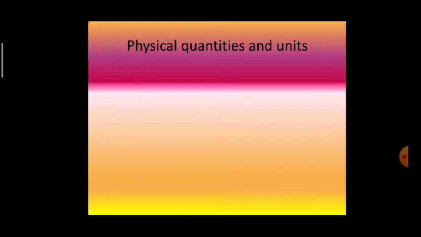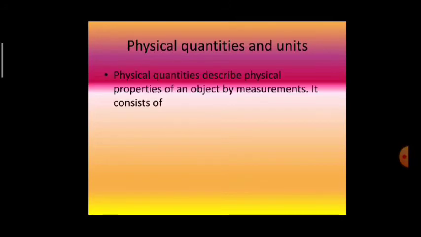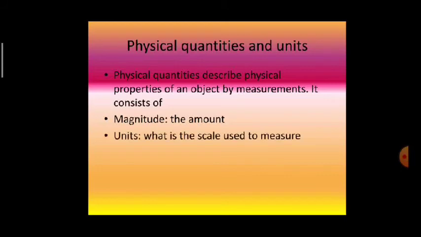Physical quantities and units. Physical quantities describe physical properties of an object by measurements. It consists of magnitude. Magnitude, what does it mean? Magnitude means an amount. And unit is the scale that is used to measure.